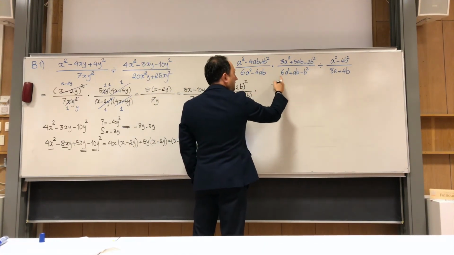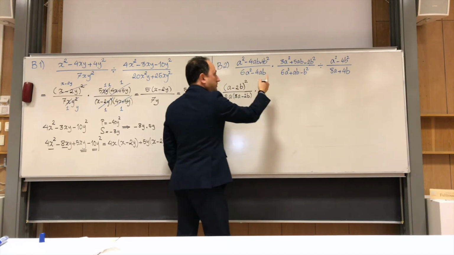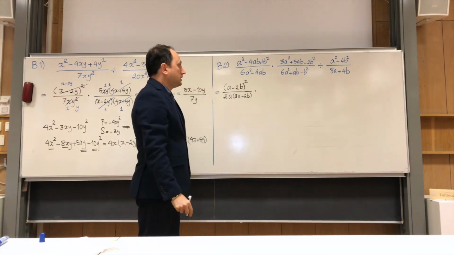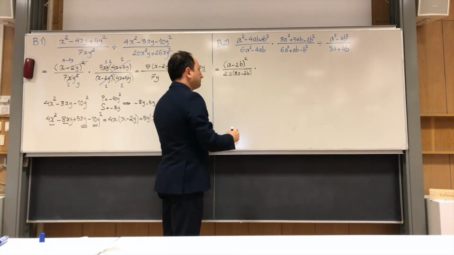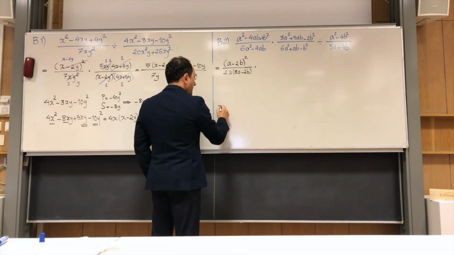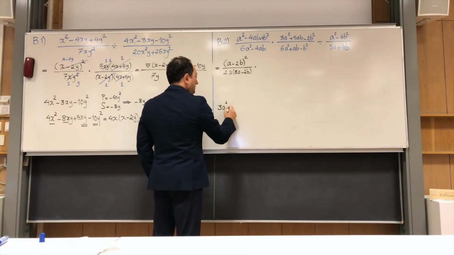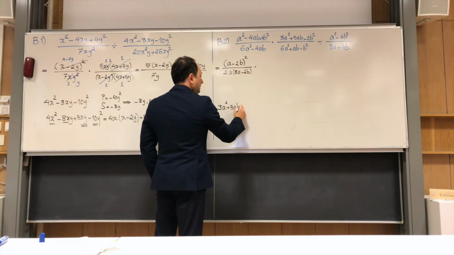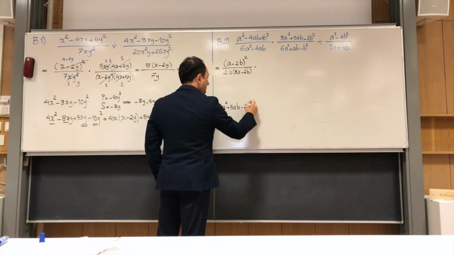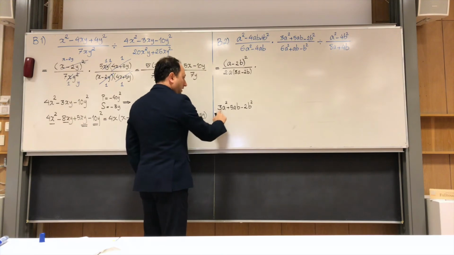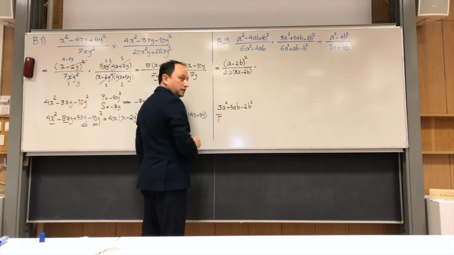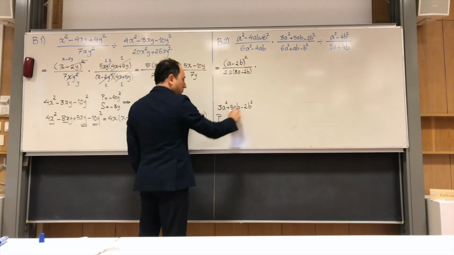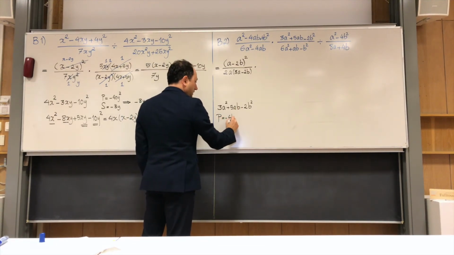And now let us go here. For this one, I probably need to go down and try to factorize them individually and then bring them back. So let us do them here. For 3a squared plus 5ab minus 2b squared. Again, I multiply these two, so the product, if I show it with p, the product should be minus 6b squared.